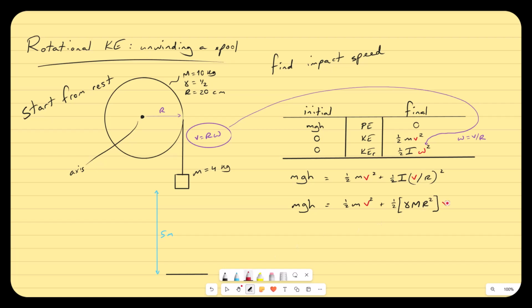I'm going to get a v squared divided by an r squared, and my r squareds can go away.